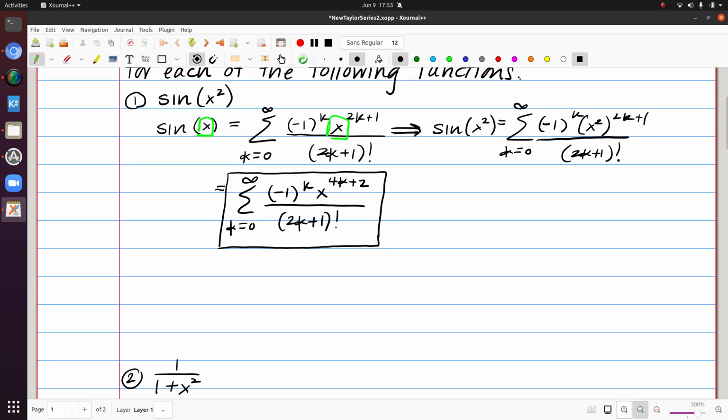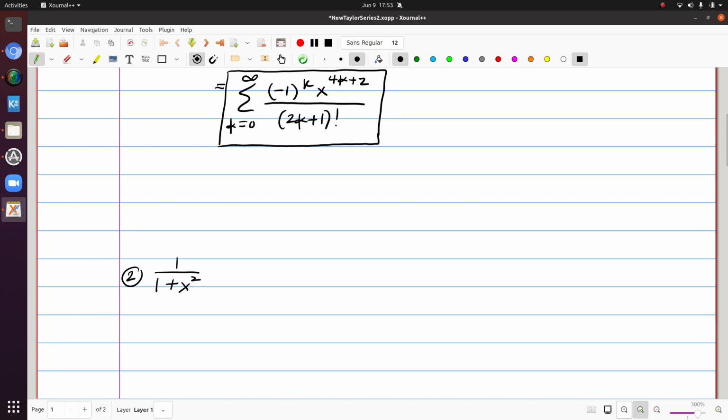So here's an example of differentiation. If I look at 1 over 1 plus x squared, then what we can think about here is taking the derivative of arctangent of x.